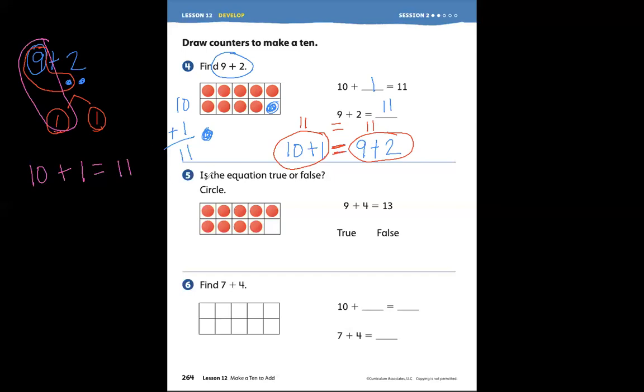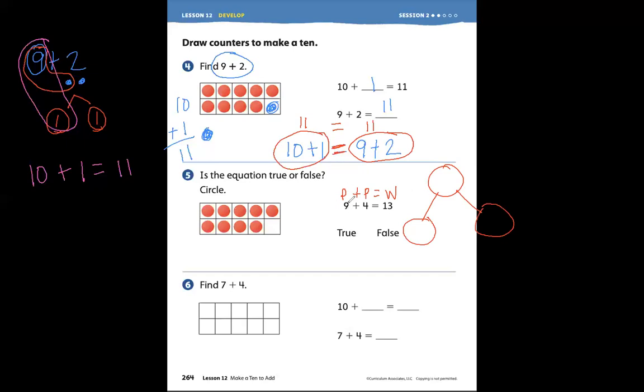Let's go here. Number 5 says, is the equation true or false? Circle. 9 plus 4 equals 13. So here's 9. That is a part. Plus 4 is a part. Equals the whole. Now, just because it's written in our workbook, does it mean it's right?